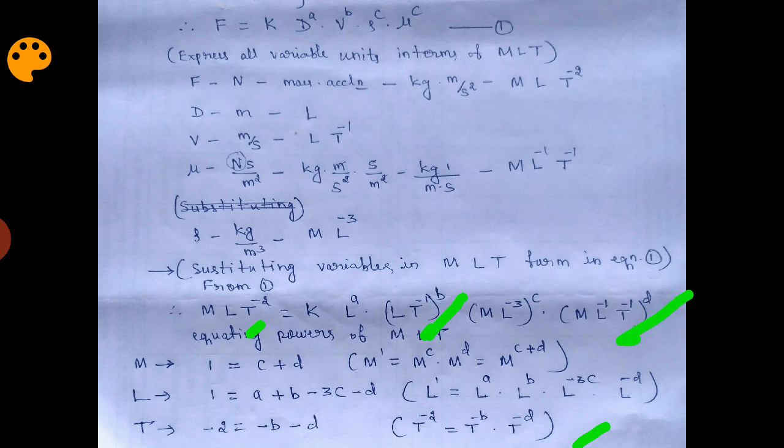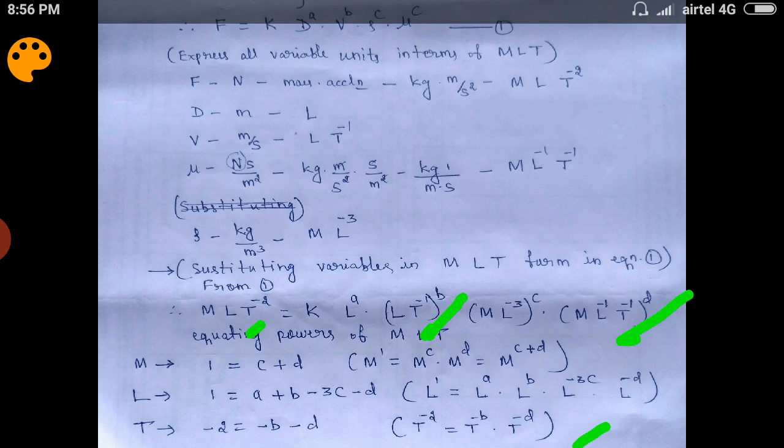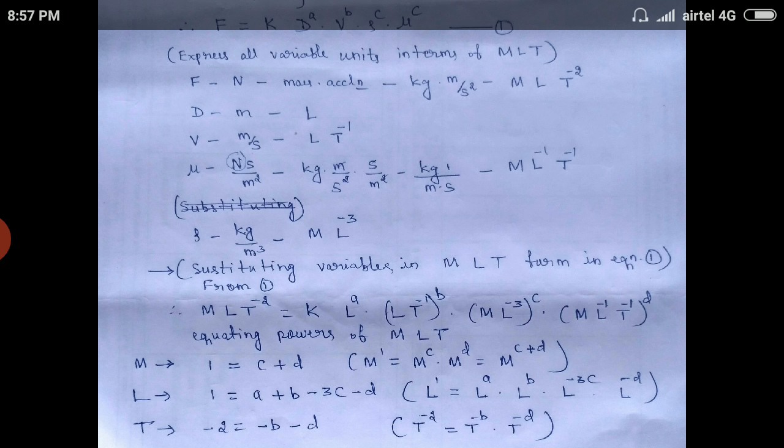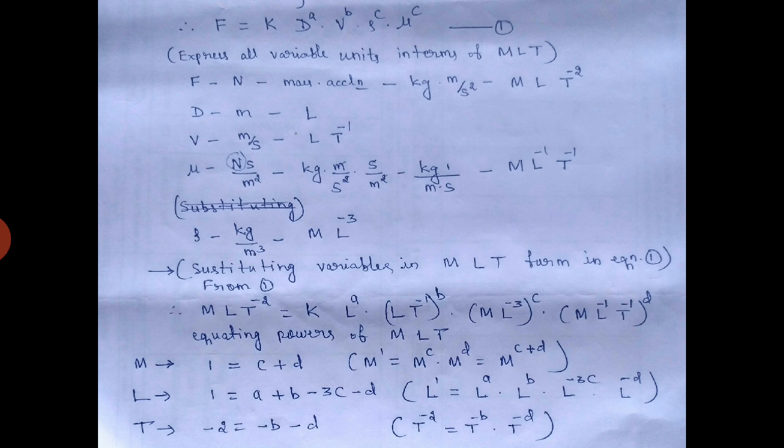Now if you see here, there are 4 variables and we have 3 equations, so it is very difficult to solve such a case. In this case what we have to do is find out the variable which is very important in the problem. Here viscosity is a very important variable, so express the other three, I mean a, b, c, in terms of d.